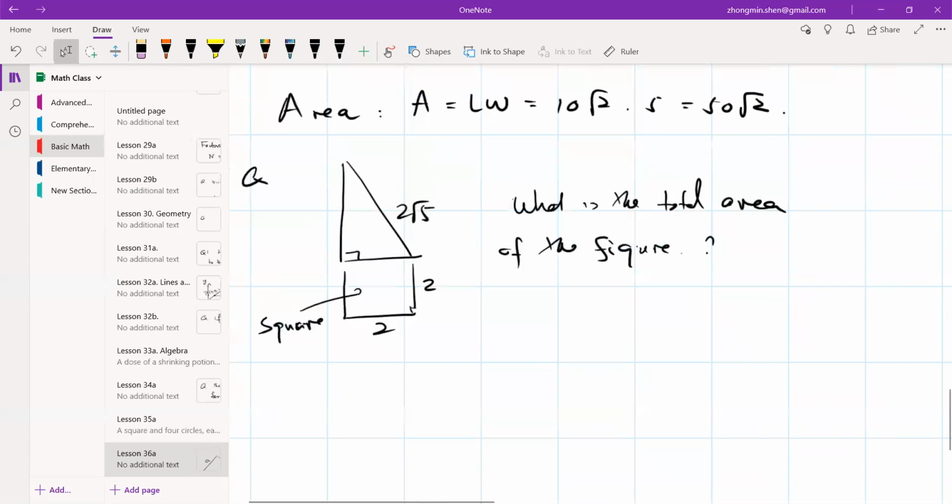Now, what is missing when you're trying to find the area? Okay, this is a triangle, right? So we have A and the B, right?